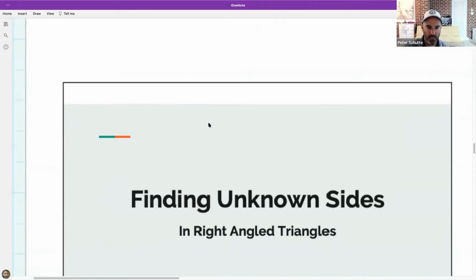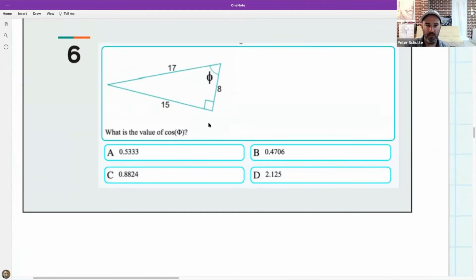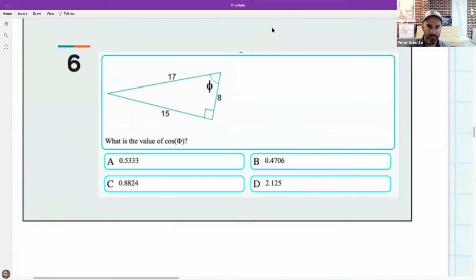I think we got one more. Let's do one more and then we're done with this because I feel like we've mastered it. What is the value of cos of phi? I think that's the Greek letter phi.